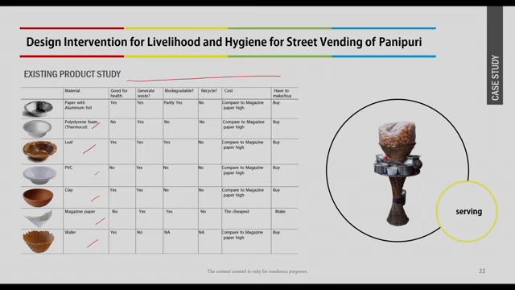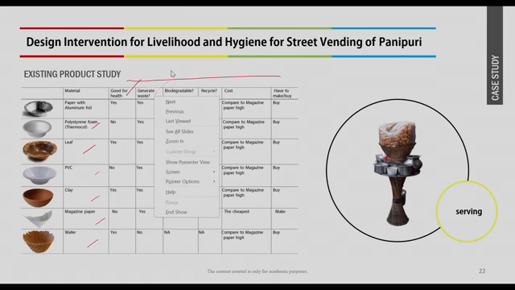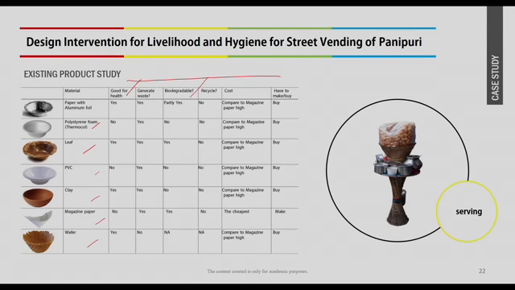We checked whether it is good for health, whether it generates waste, whether it is biodegradable, whether it is recyclable, and also we checked the cost and how to make it.